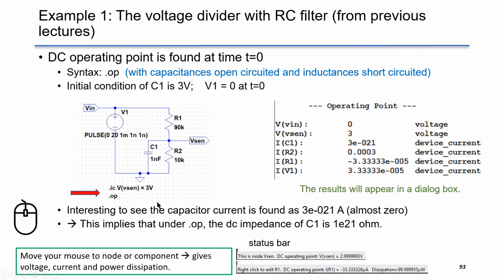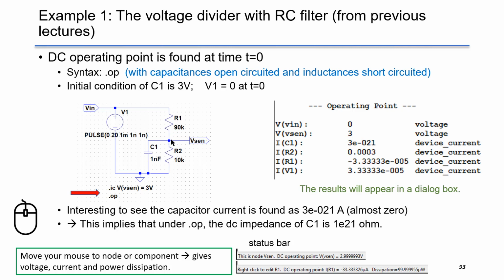It's very interesting to see the capacitor current is found as 3 times 10 to the minus 21 amps, which is very small. So by using 3 volts, we can imply that under DC operating condition, the DC impedance of C1 is on the order of 10 to the power of 21.